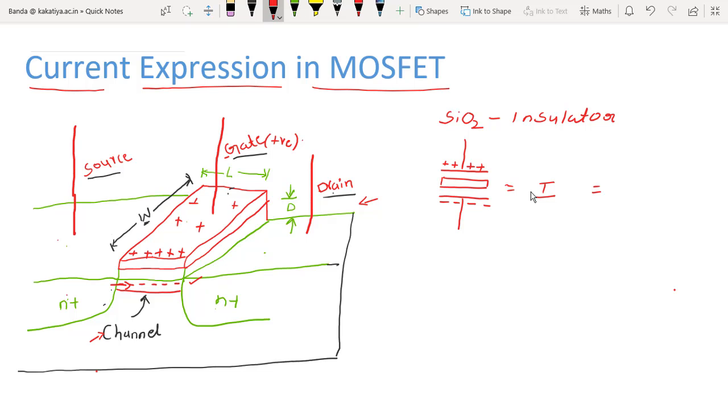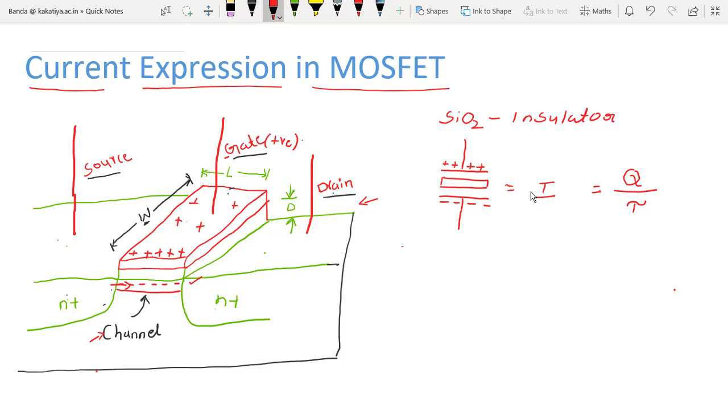Okay. So from physics, what is the current expression in the capacitor? The current in a capacitor is the charge induced in the capacitor divided by the transit time. T is the transit time, and Q is the charge induced in the capacitor.